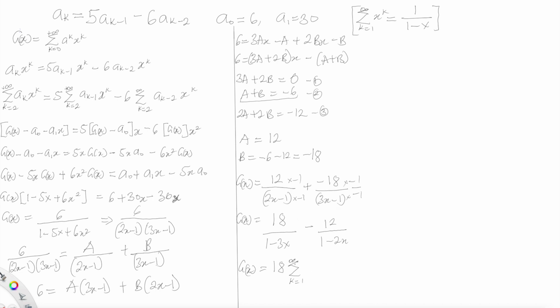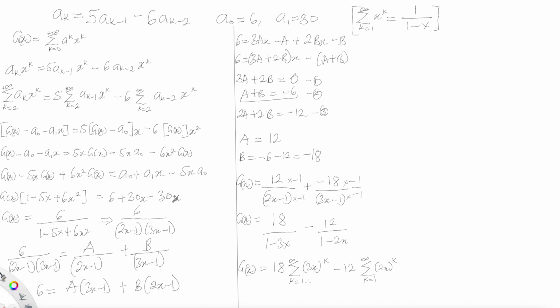Our x here is 3x, so we have 3x at the power of k, minus 12 with the sum to infinity, k equals 1. Then in place of our x we have 2x, so 2x exponent k, and it's not negative because the negative is already here, so it's catered for by this summation.